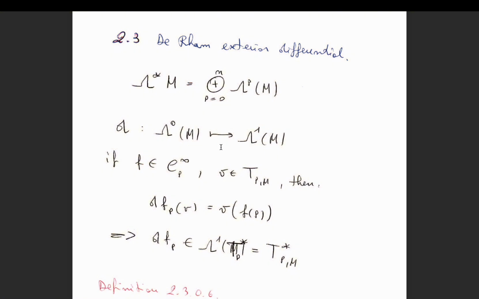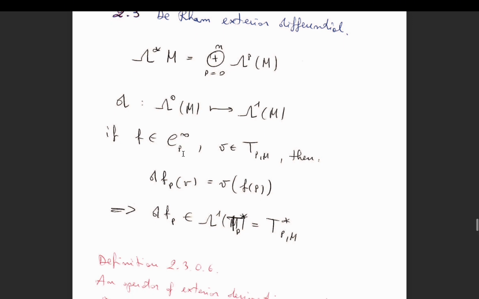If f is the germ of a smooth function defined in a neighborhood of a given point p of M, and v is a vector of the tangent space to the manifold M at the point p, then df_p of v is equal to v f(p).